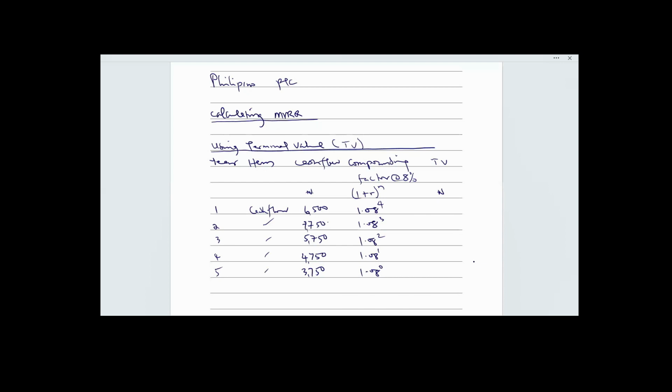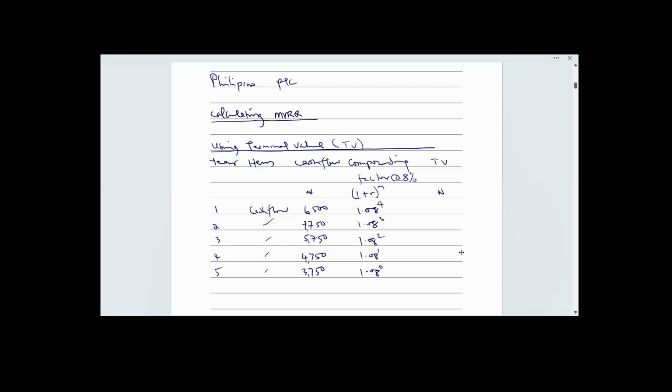In year 2, it will be 5 minus year 2, which is 3. In year 3, it will be 5 minus 3, which is raised to power 2. In year 4, 5 minus 4, which is raised to power 1. In year 5, 5 minus 5 equals 0. So you can also do it that way.